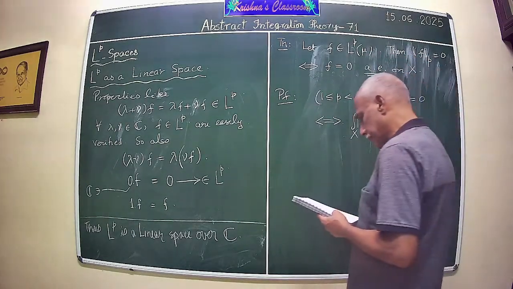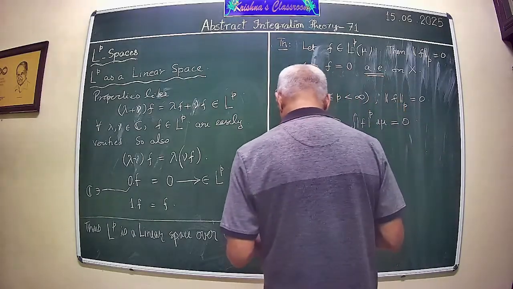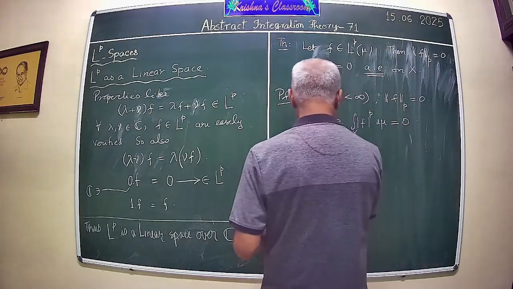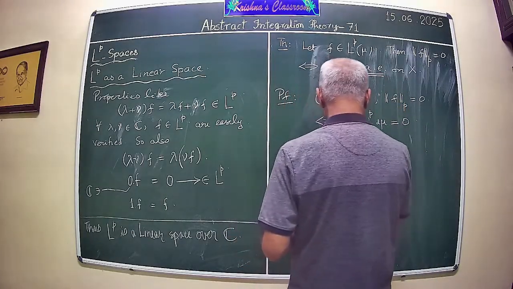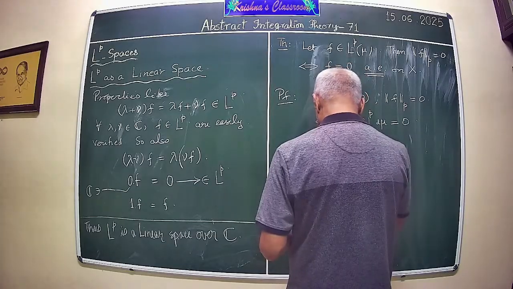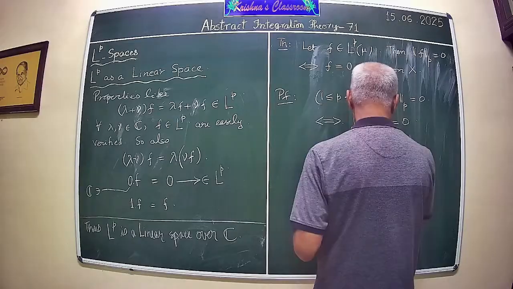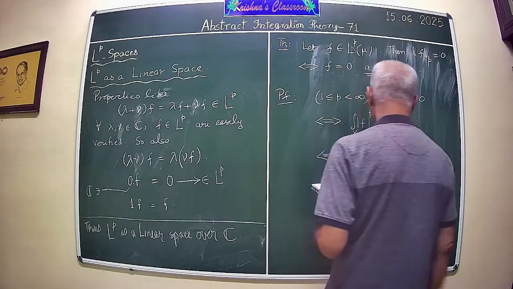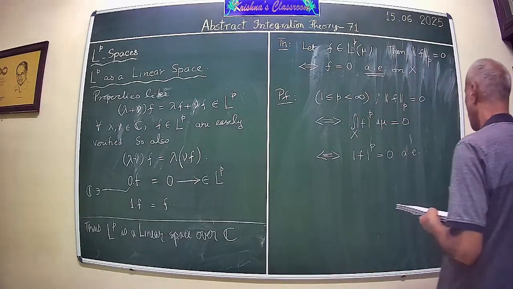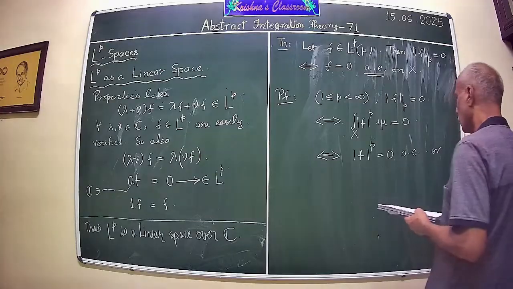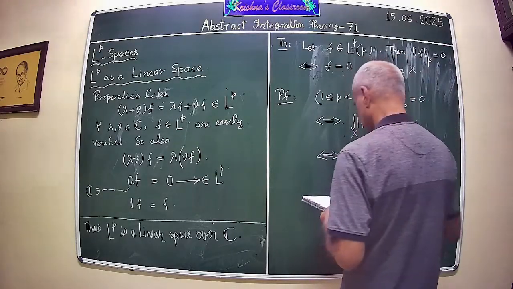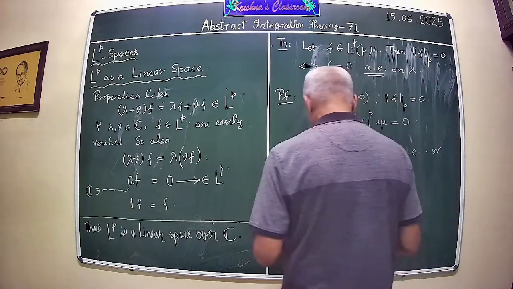What does this mean? This is if and only if mod f to the power p is zero almost everywhere, or f is zero almost everywhere.